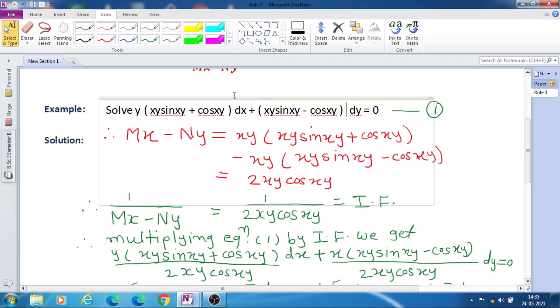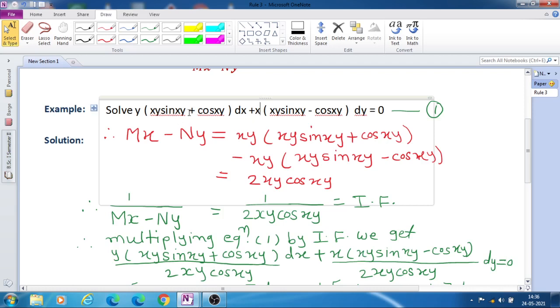So you can see that this equation is in this form: y into function f1 of xy, this is a function of xy, sin xy plus cos xy. Function of xy means terms of xy or powers of xy.